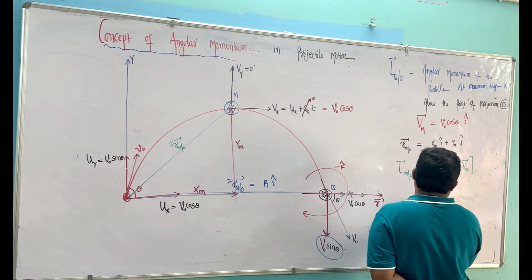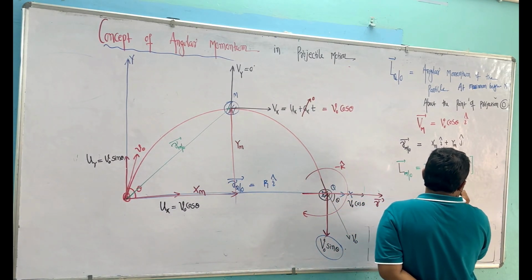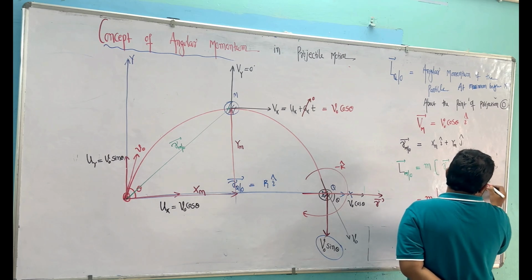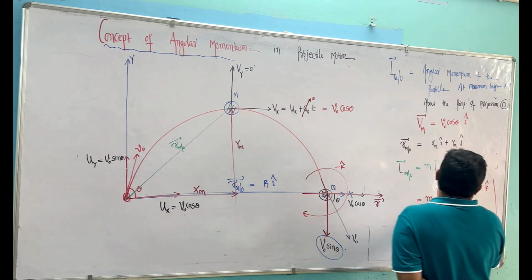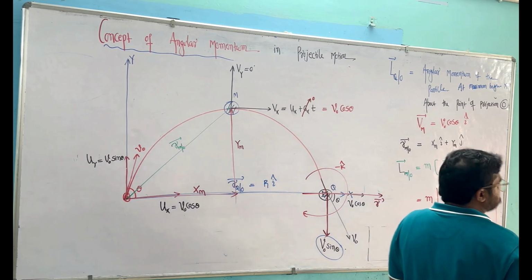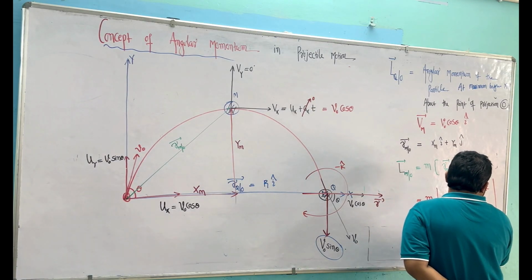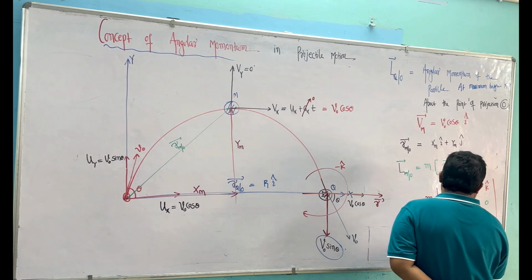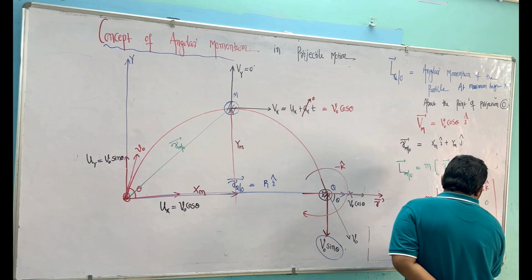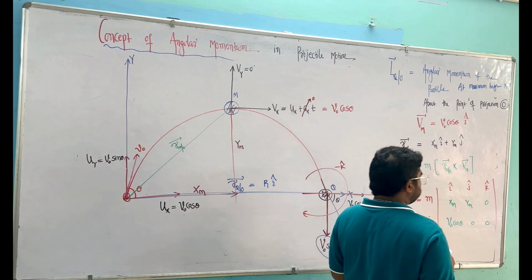This is equal to M into the determinant of I J K: Xm, Ym, 0 and V naught cos theta, 0, 0.